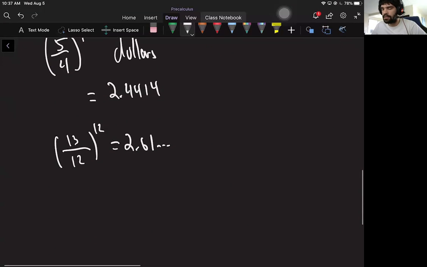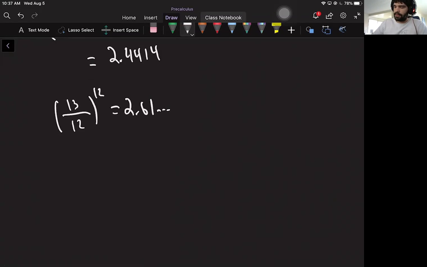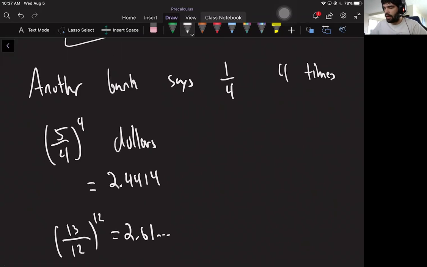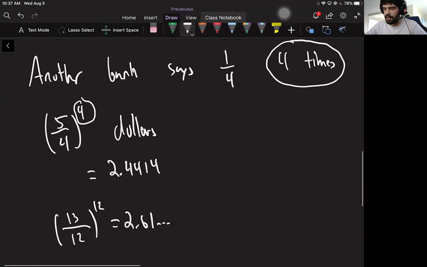So the pattern is that however many times you do it, that's how many times you multiply this number by itself. And the number that you're multiplying by itself is always 1 plus 1 divided by that amount.